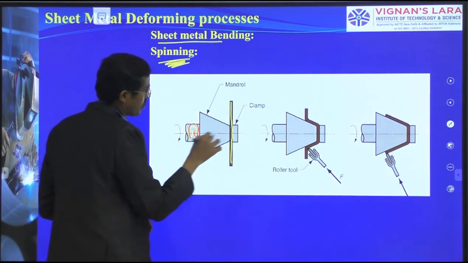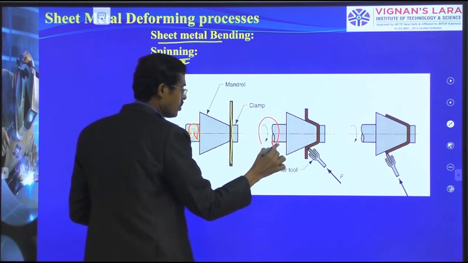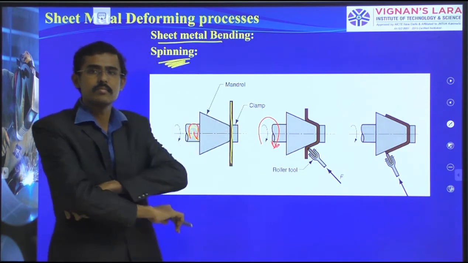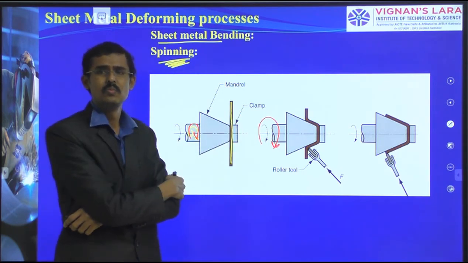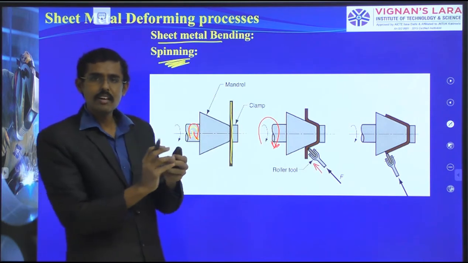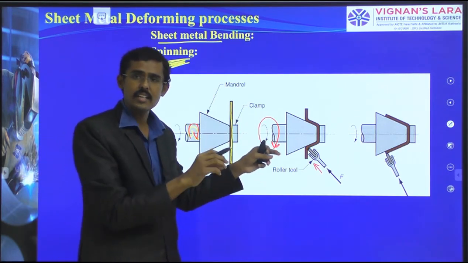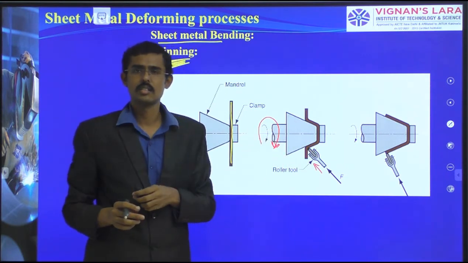So this shaft is rotating. While it is rotating, we are keeping a tool. This tool has been kept here to make the sheet metal contact these rolling operations.